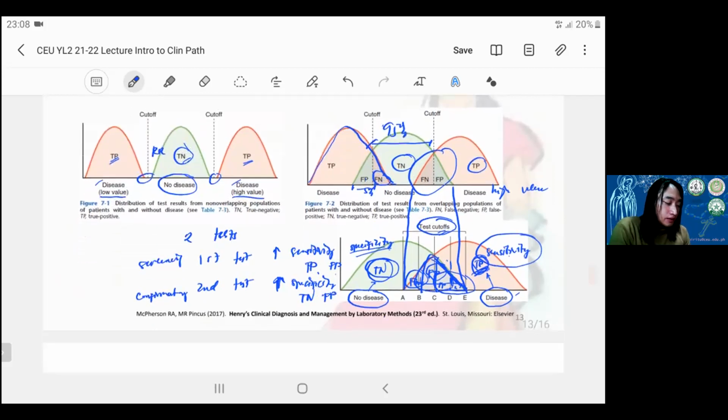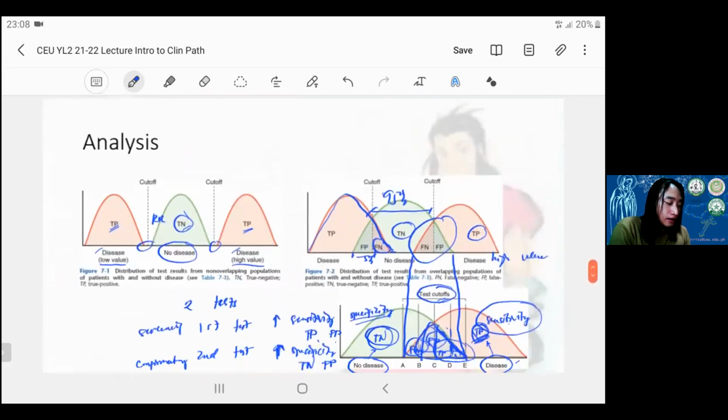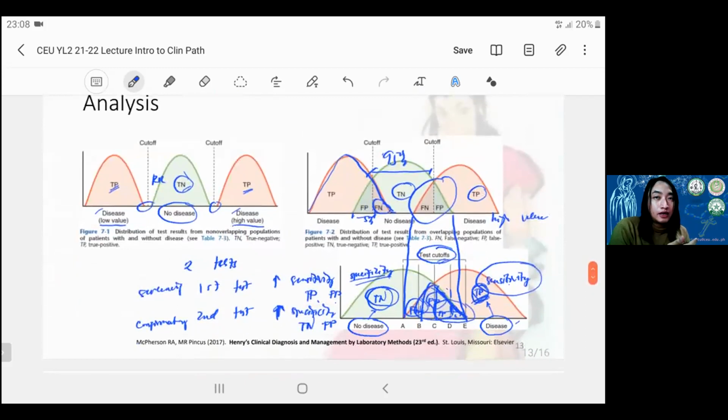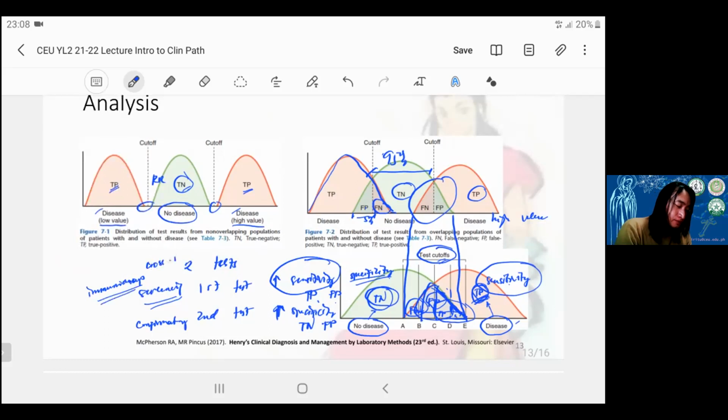So an example of this would be in drug testing, we use immunoassays for screening tests because of their high sensitivity. And then once we determine that these patients are positive, sometimes these immunoassays would have cross-reactivities to other substances.